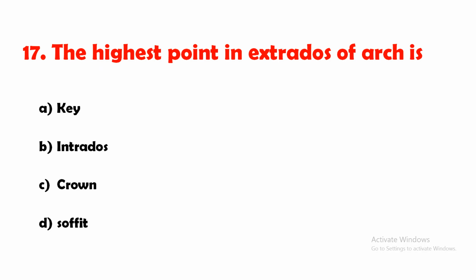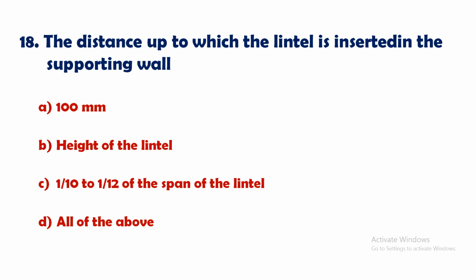The answer, the highest point in extradose of arch is known as crown. The distance up to which the lintel is inserted in the supporting wall is 100 mm, height of the lintel, 1 by 10 to 1 by 12 of the span of the lintel, all of the above. The answer, the distance up to which the lintel is inserted in the supporting wall is up to the height of the lintel.